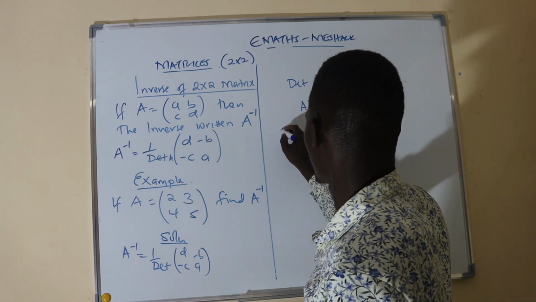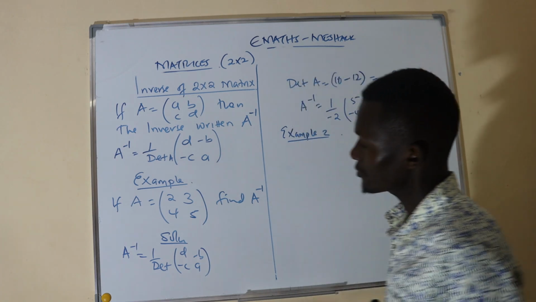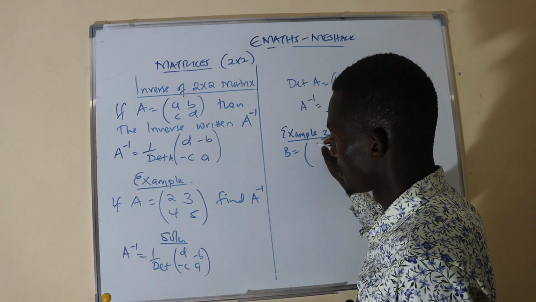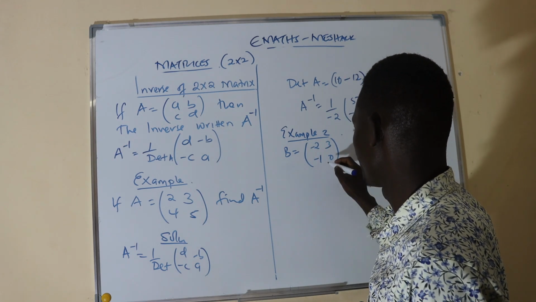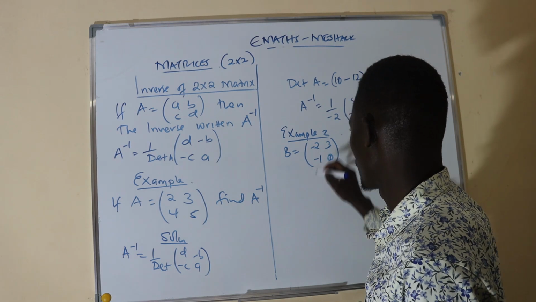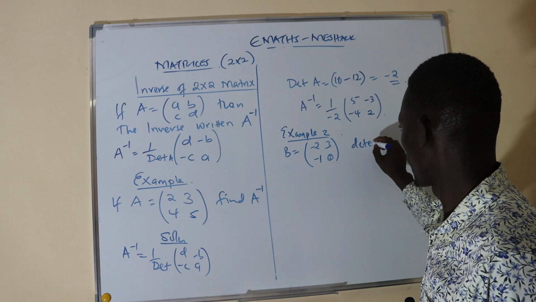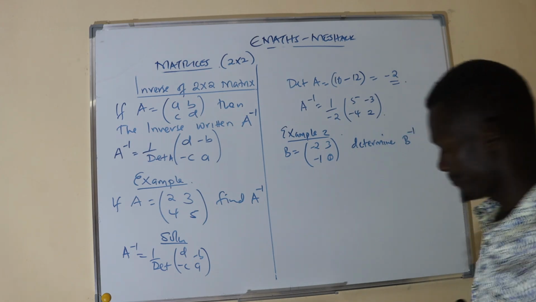Example 2. Let's check another one. B is given by -2, 3, -1, 0. Determine B inverse.